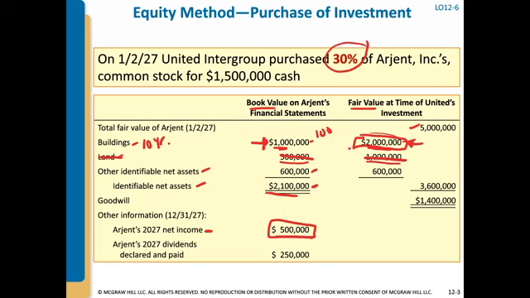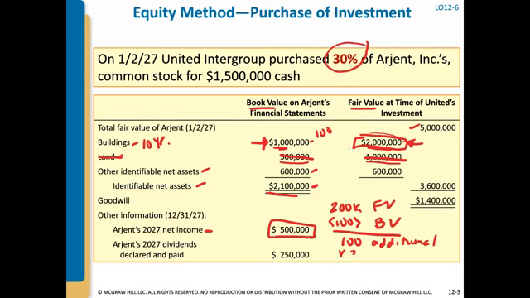So we're comparing the depreciation using the fair value versus the depreciation actually taken using the book value. The difference is an additional $100,000 of depreciation expense.